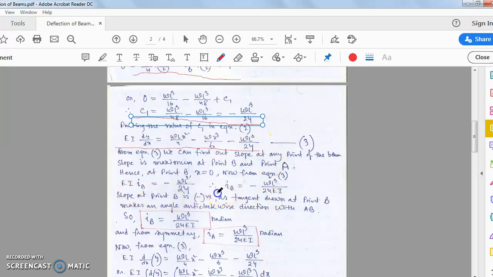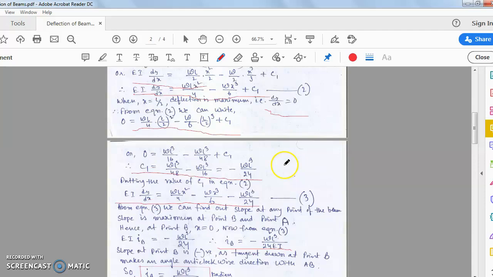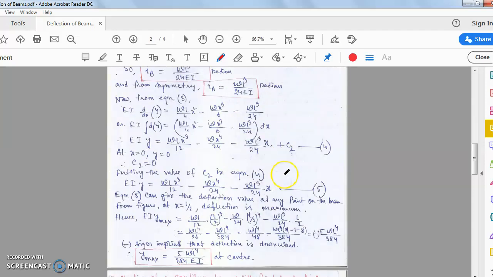So you will get the value of theta B. Theta B is negative. Why? Because the tangent makes an angle with AB in the anticlockwise direction. So that is why the expression for theta B comes with a negative sign.